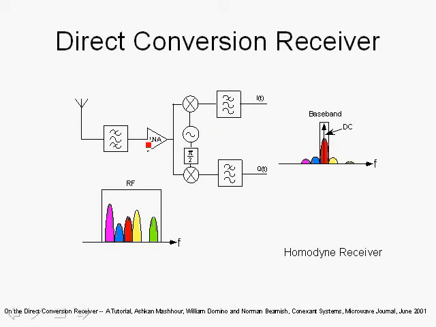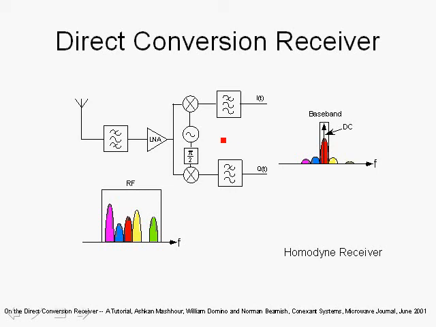In a direct conversion receiver, notice that most of the filtering, the bulk of the filtering, is moved to baseband using analog baseband filters here, and therefore we eliminate the need for bulky precision filters at higher frequencies. And given monolithic integration, it is easier to match components in a monolithic integrated circuit.